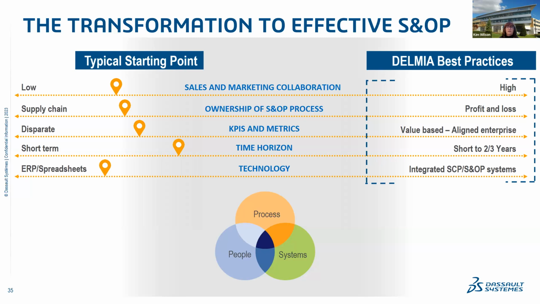And where we want to get to is an integrated system on the far right. And as you'll see, we've got these dots showing where everybody is in general in this process. So hopefully that gives you an idea of where people are, what the key elements are to get started, and how you move from left to right to get to the best practices.